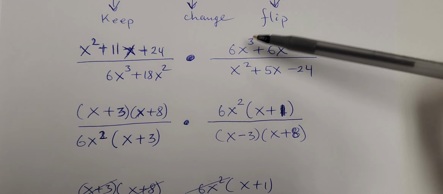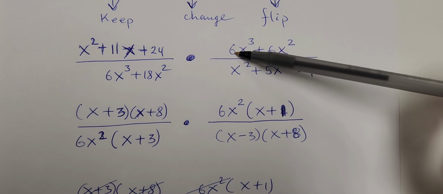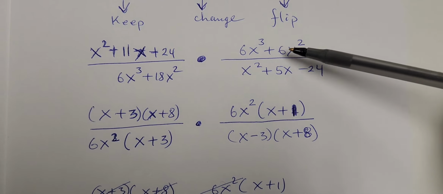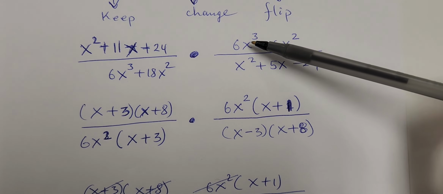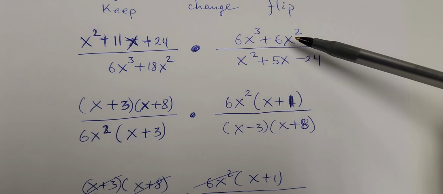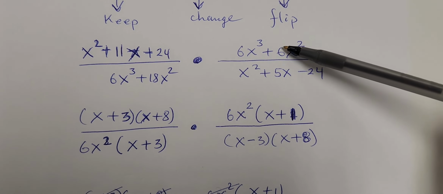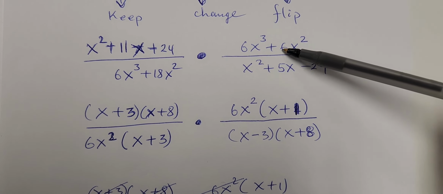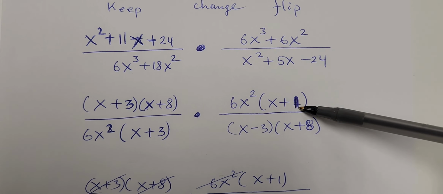Now let's do the second fraction. So same thing. I took out the 6x squared, and what I have left is 1, so I have x plus 1 from here. Again, since I took everything out, there's always a 1.